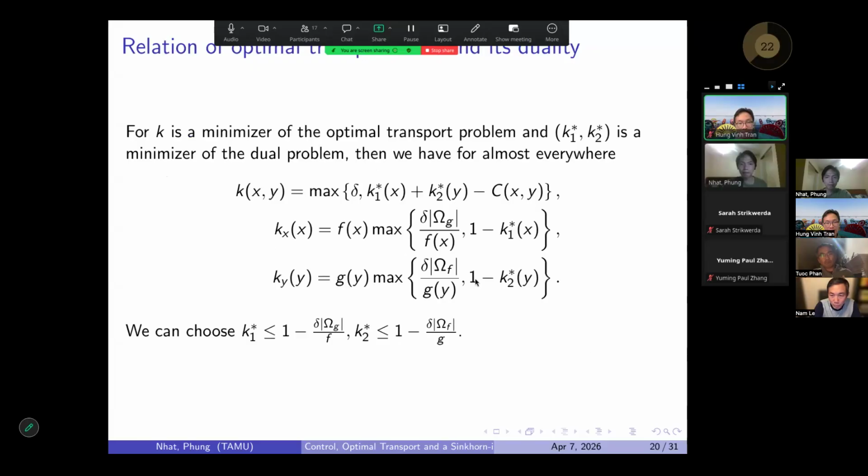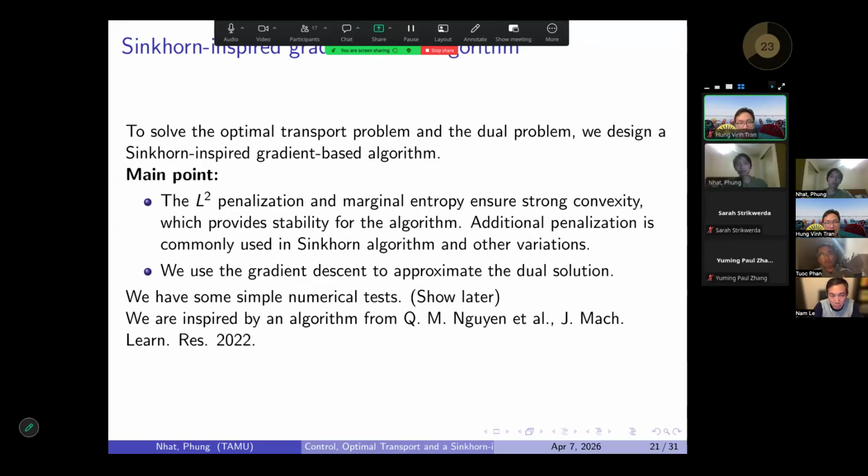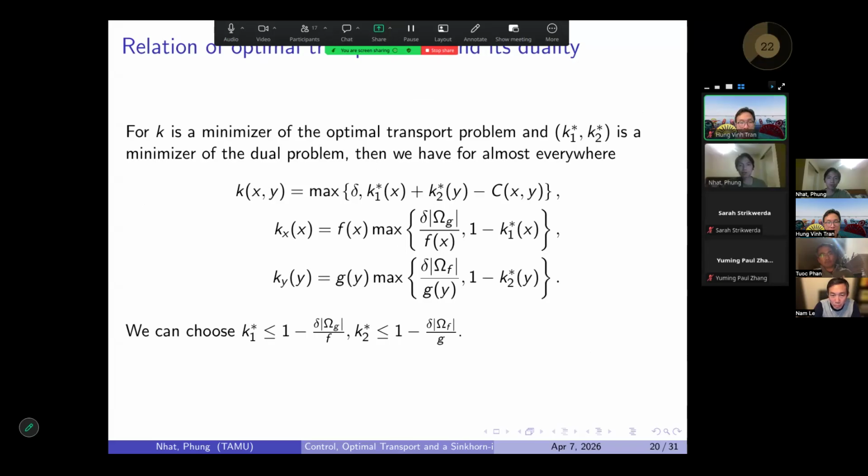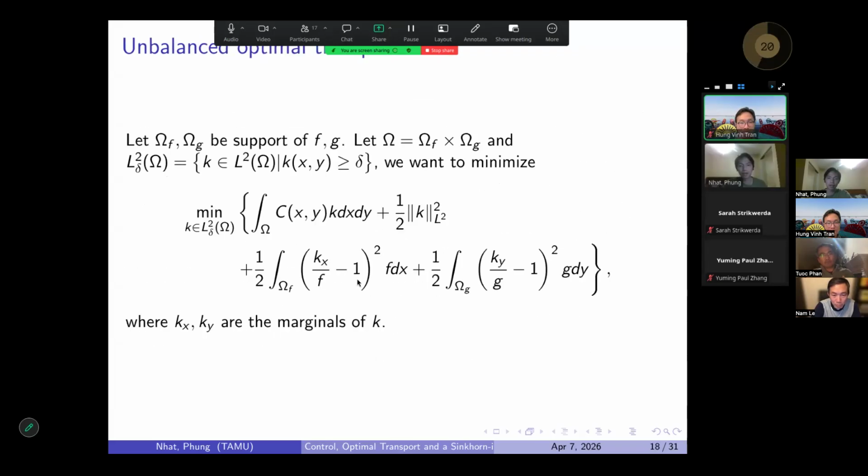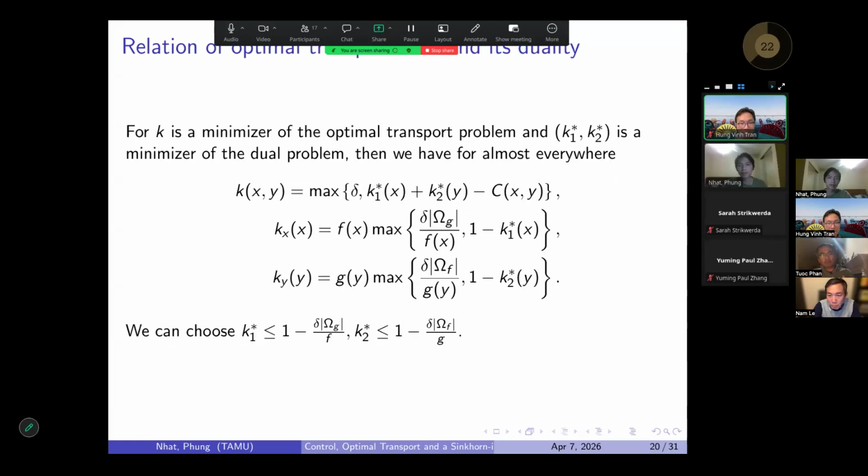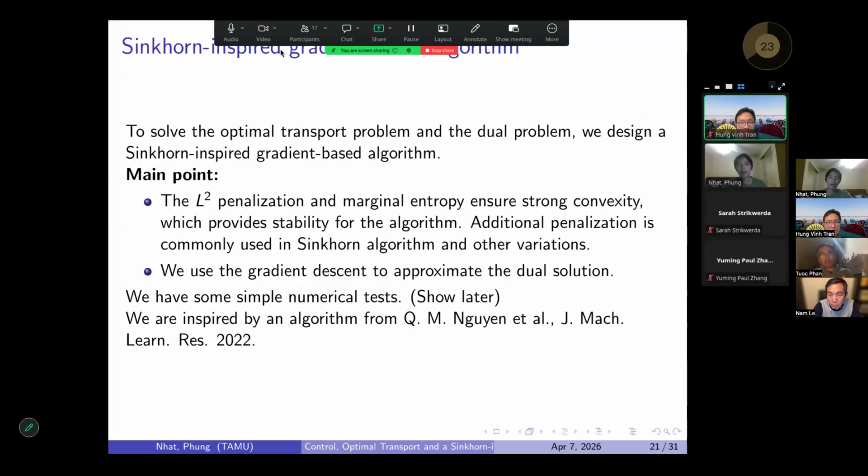And so to solve the problem, we actually have to make the whole algorithm to solve the dual problem and the optimal transport problem. We have to introduce a new algorithm based on gradient descent.